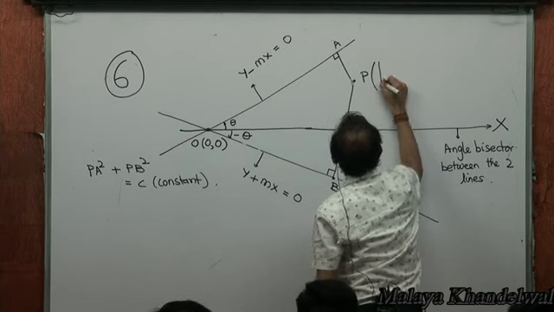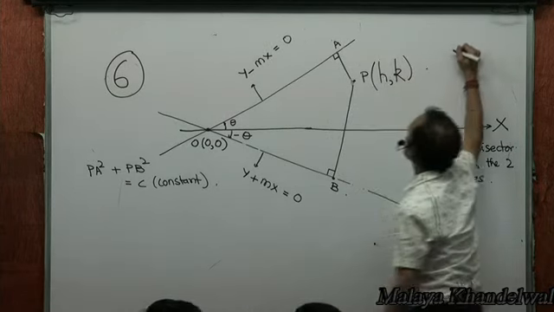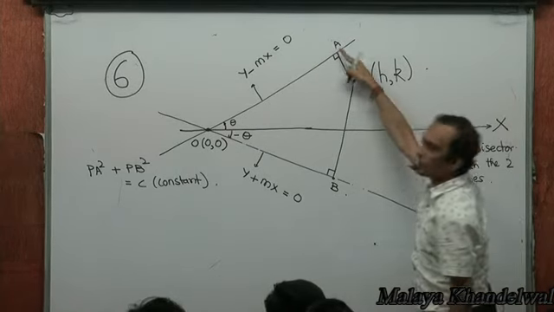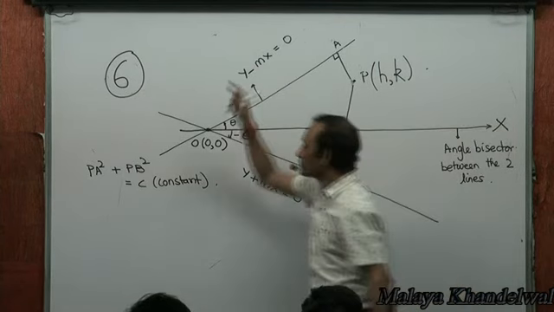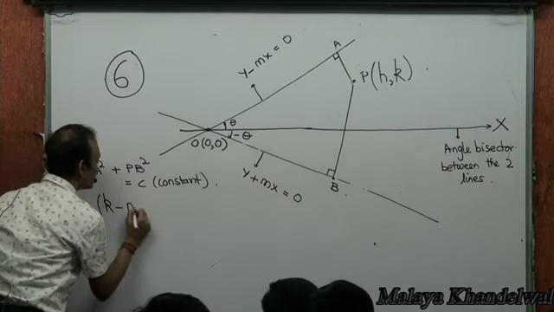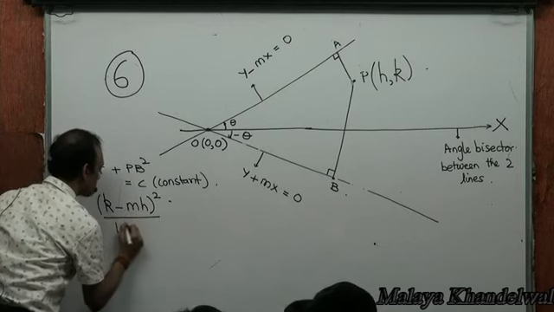Now if P, a moving point at a certain instant, has coordinates h, k, right? Then PS square, for example, will be the square of the distance of (h, k) from this line, which is (k minus mh) whole square divided by 1 plus m square.